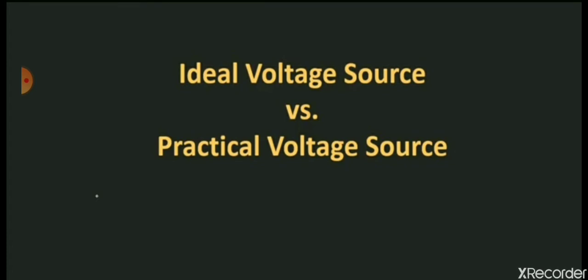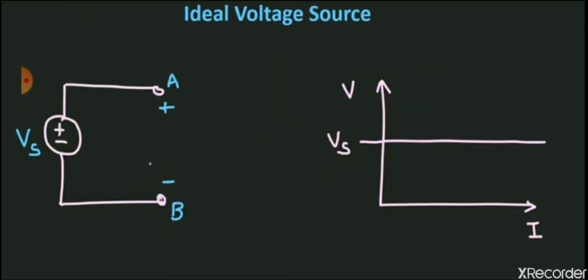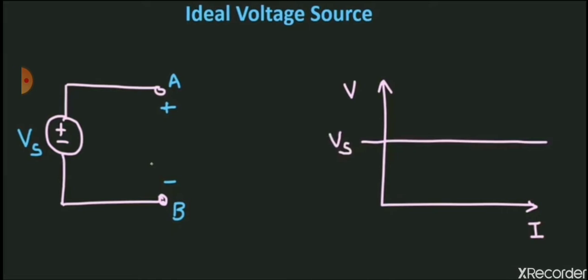So next we will see what we mean by ideal voltage source and practical voltage source. Now ideal voltage source is a voltage source whose terminal voltage always remains constant with respect to load current. So this is the symbolic representation of ideal voltage source.